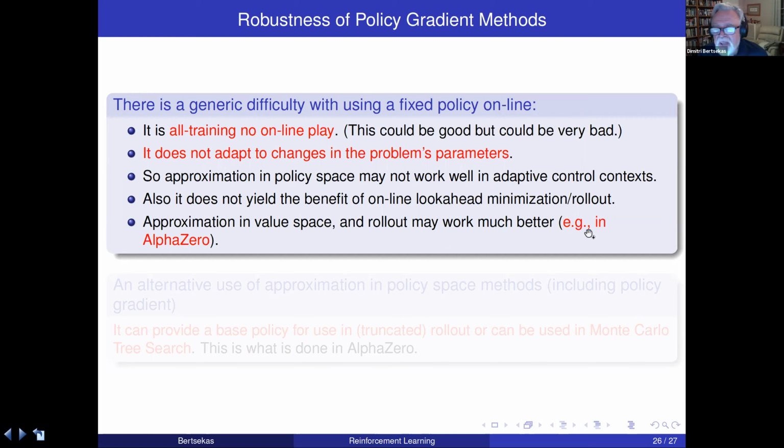And the best example I can think of is AlphaZero. You remember that AlphaZero, through very vigorous training with lots of parallel computation hardware, yields a position evaluator, which is like an approximate cost function, and also trains a policy network, a policy to play online.